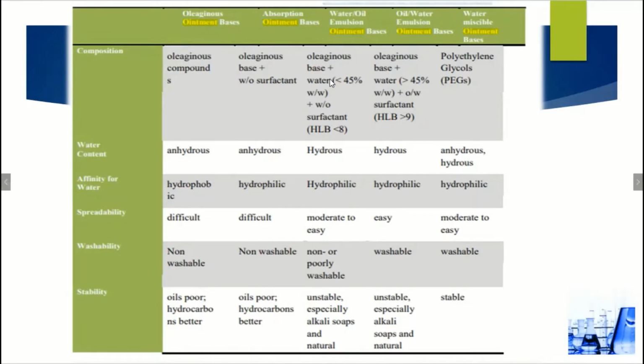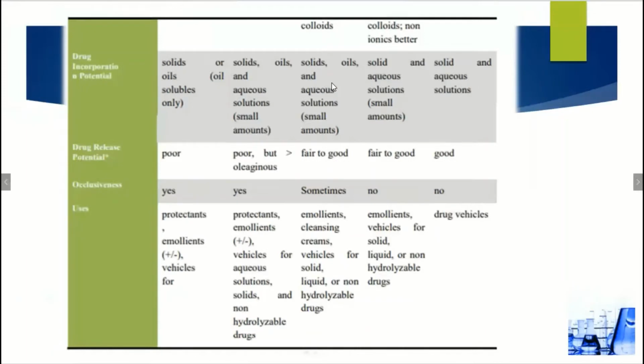Its composition has water. It is hydrophilic in nature, with moderate to easy spreadability. Its spreading property is far better than the absorption base and the oleaginous ointment base. It is washable, but poorly washable. It is unstable, especially with soaps and natural colloids.